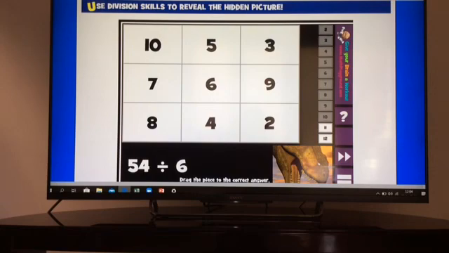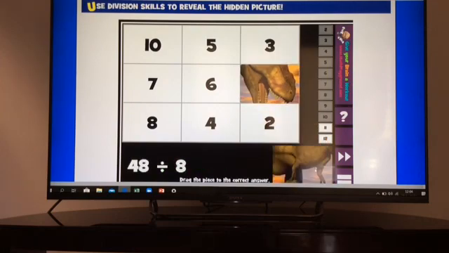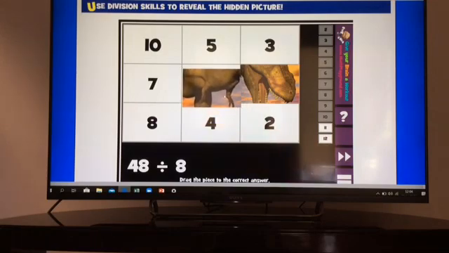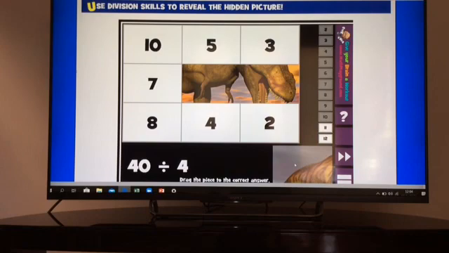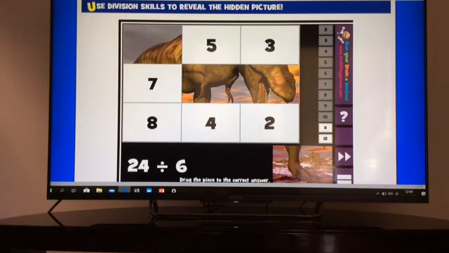54 divided by 6 equals 9. 48 divided by 8. The answer is 6. 40 divided by 4 equals 10. 24 divided by 6.